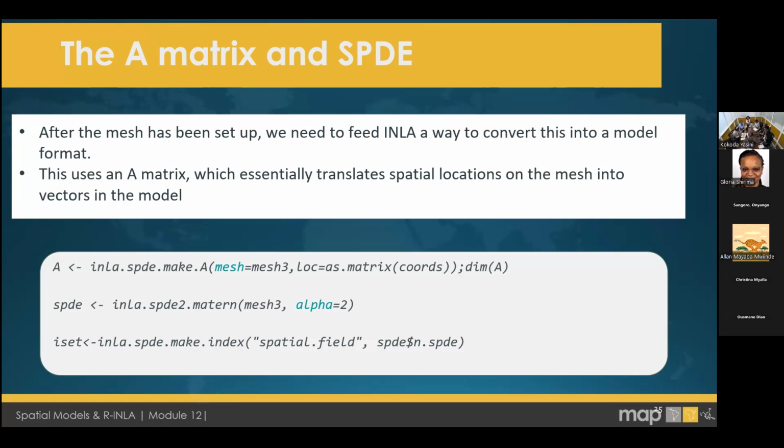This is a function built upon the spatial structure, assuming that you already have your mesh. After that, you have your SPD function here, and you have your index, which can create the spatial index of your mesh.